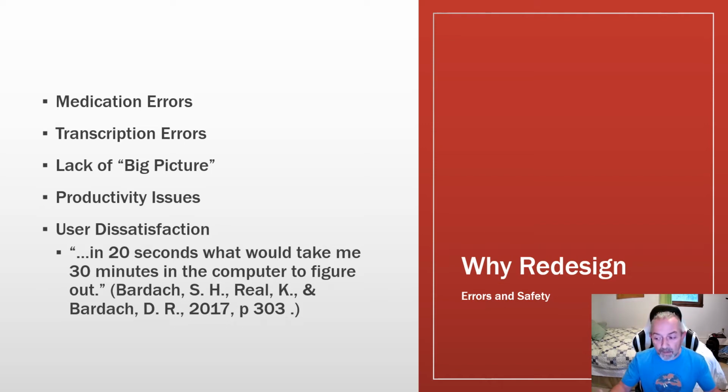So I think that would be something that would be very important to have and work with in terms of redesigning the EMR.